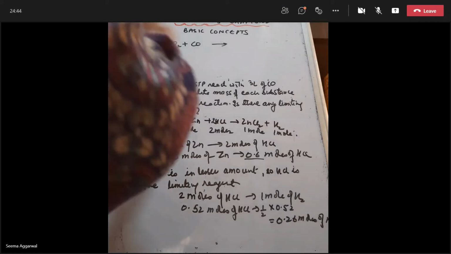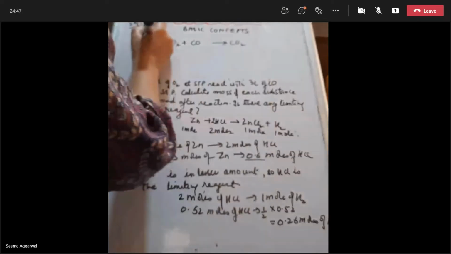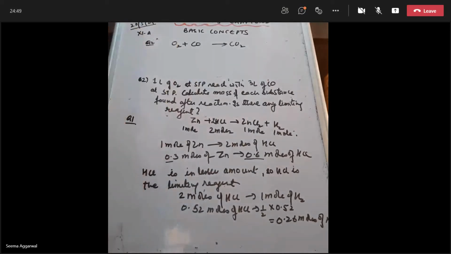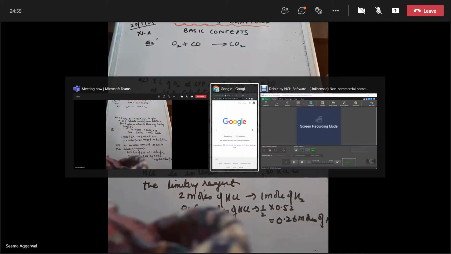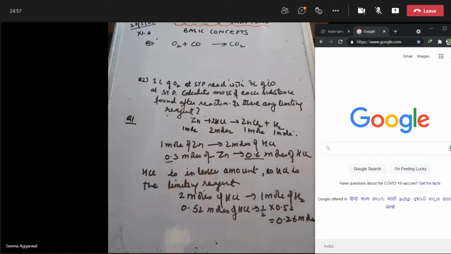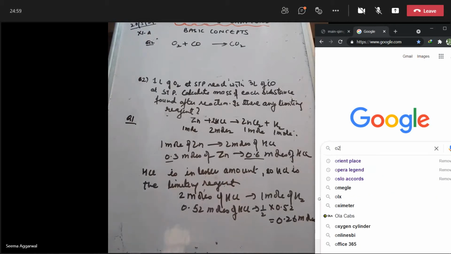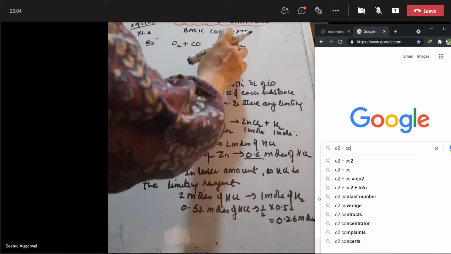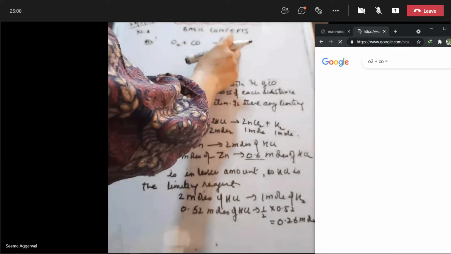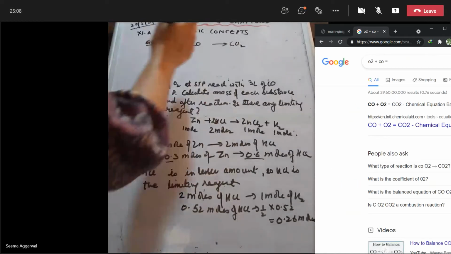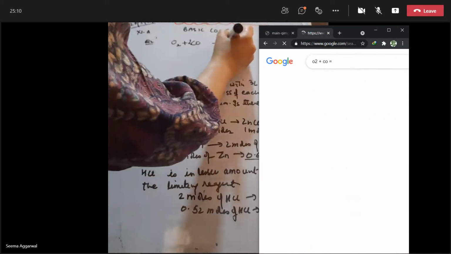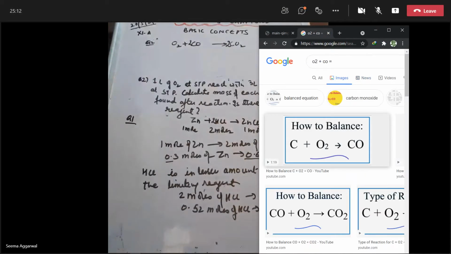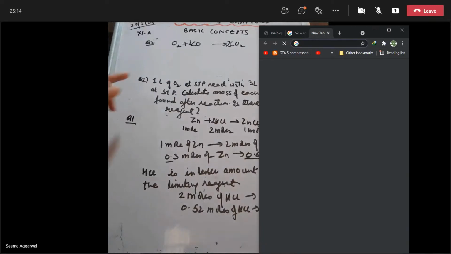First step is the balanced equation. What will the balanced equation be? Yes. Ma'am, O2 plus 2CO gives 2CO2. Okay. Now the question is given in liters.